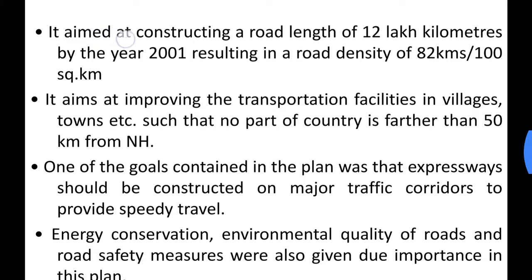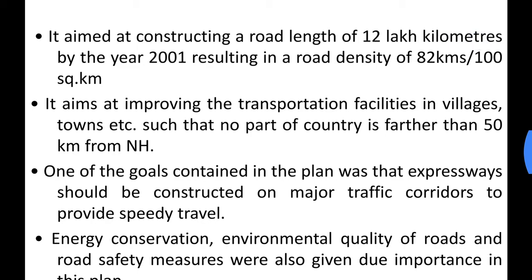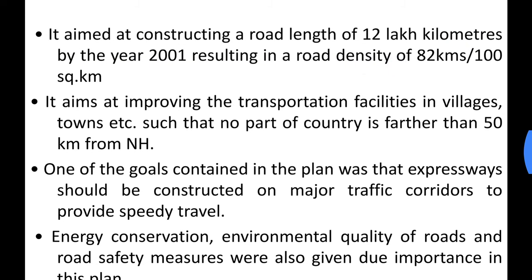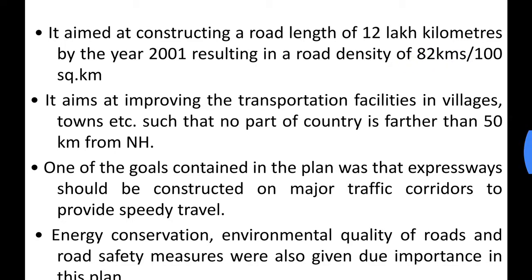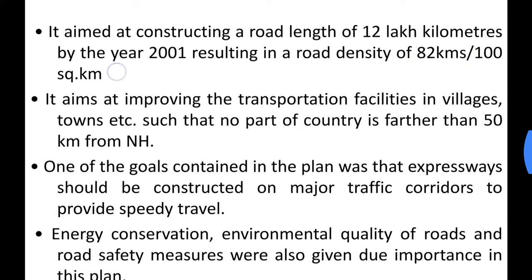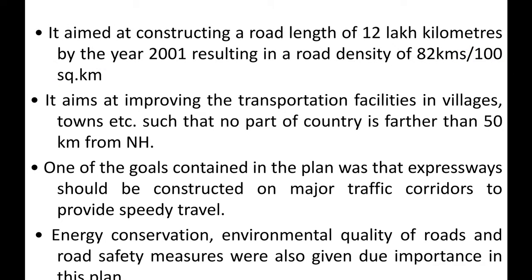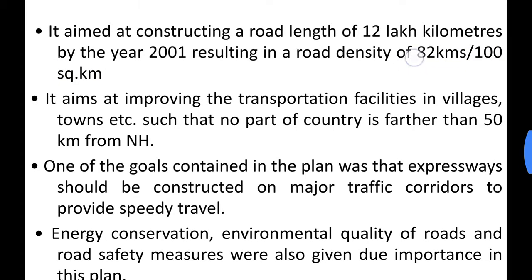It aimed at constructing a road length of 12 lakh kilometers by the year 2001, resulting in a road density of 82 km per 100 square kilometer of area. So for every 100 square kilometer of area, there should be a road network of minimum 82 kilometers.